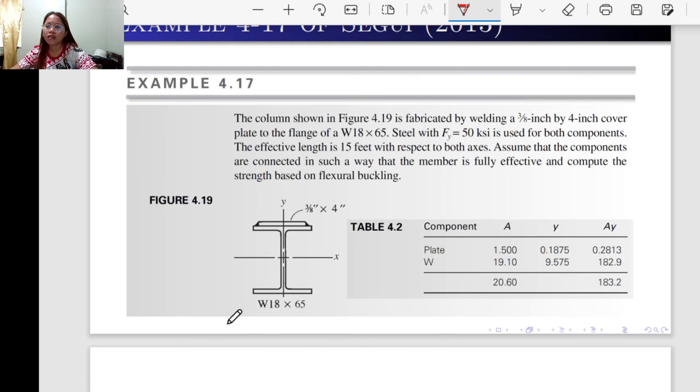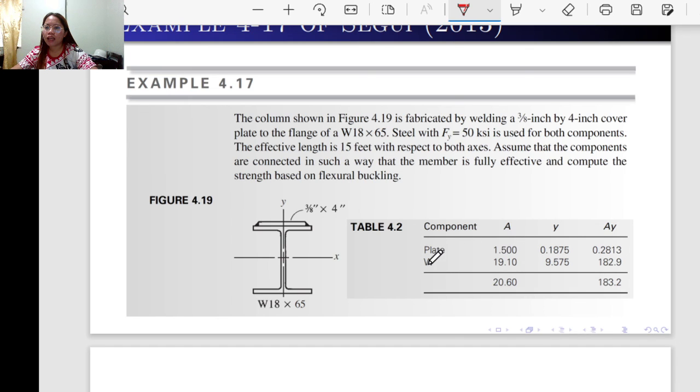First, you have to determine the centroid of the whole built-up member. The centroid of this plate, the plate on the flange, and this is the W18x65. So the plate has this cross-sectional area, 3/8 inch times 8 inches.